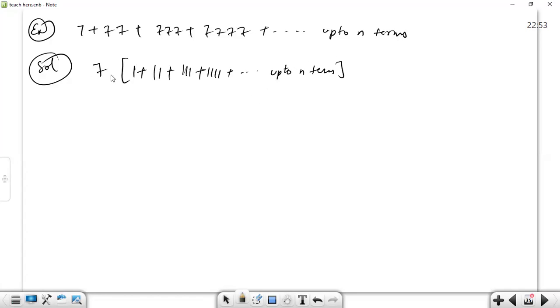Anyways, now we can better write these terms. Can we break down 11 as 10 plus 1? Yes, please respond. Can we break down 111 as 100 plus 10 plus 1?